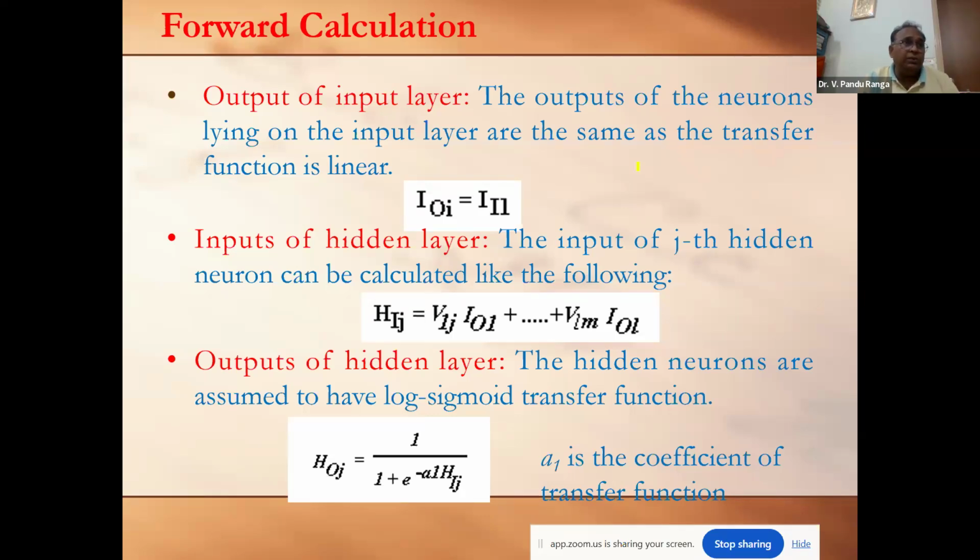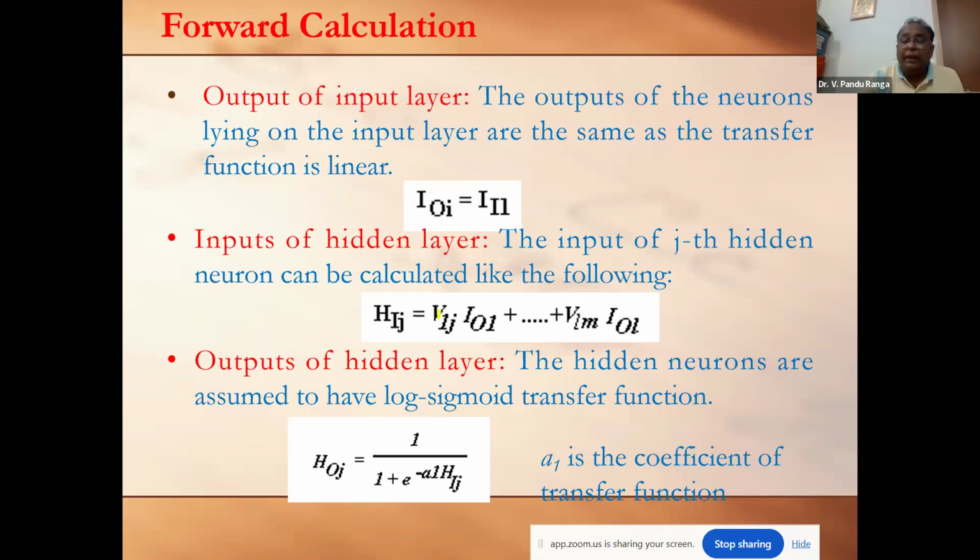But we know that the solution may get stuck in a local optimal solution. That's why we thought of optimizing the neural network with the help of a genetic algorithm. Therefore, I have explained only one pass, that is, the forward calculation.